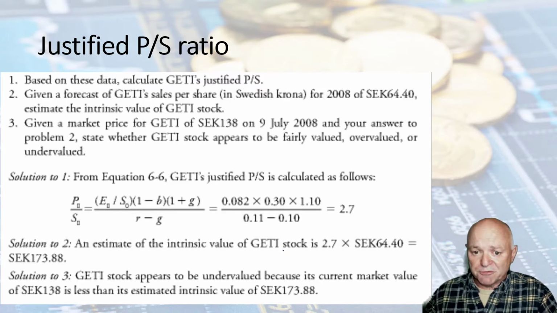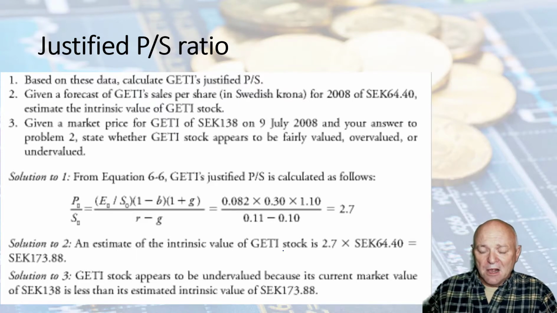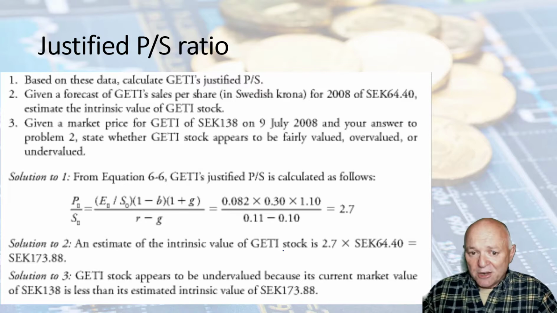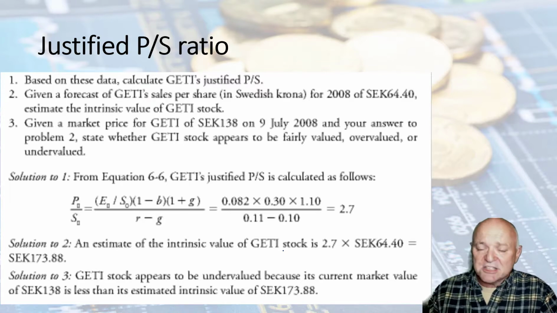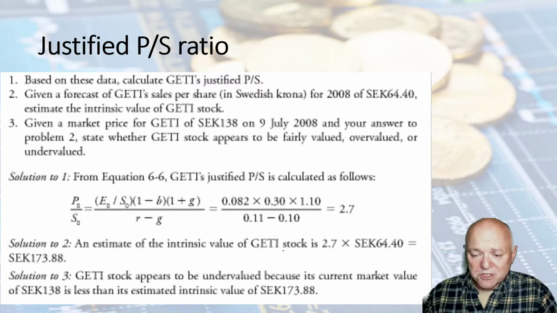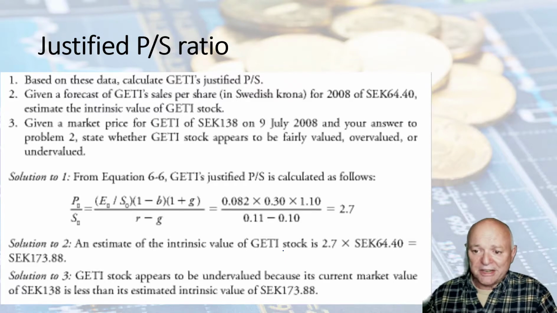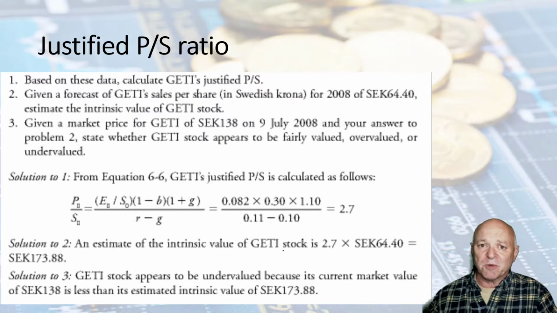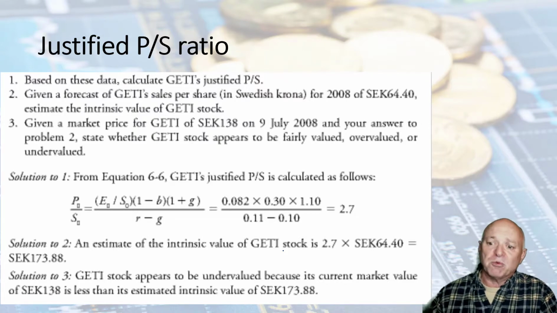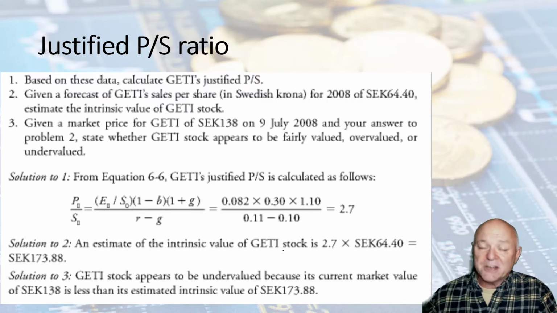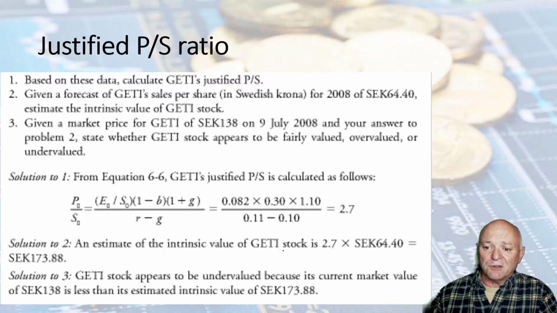So we gross that up for growth by multiplying it by 1 plus the growth rate. The discount rate, or the cost of equity in this case, was 11%, and the growth rate was 10%. So that numerator we just calculated divided by 1% gives us a price to sales ratio indicated of 2.7 times. Now the price to sales ratio of 2.7 times the predicted sales.